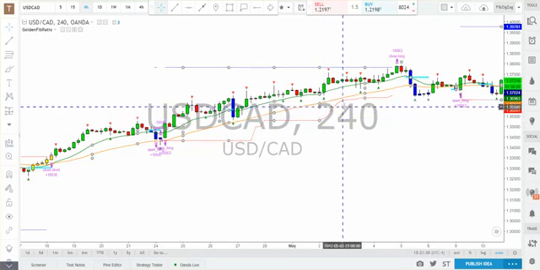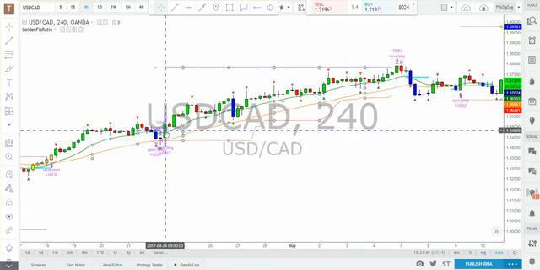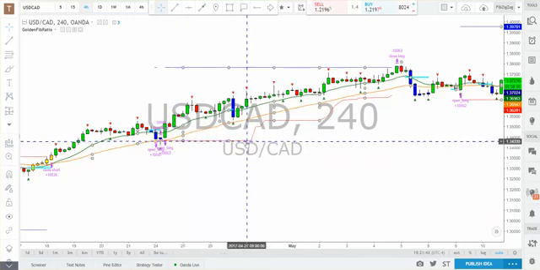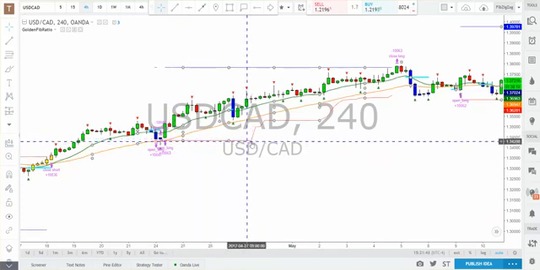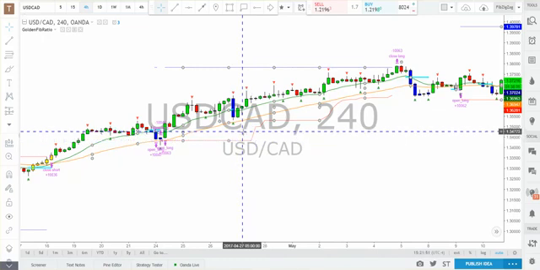See, it's ratcheting up. Okay, so the way this works is as follows. As soon as we enter a trade, this initial stop will be kept for 20 bars. After the 20th bar, the initial stop is overridden by the lowest low of the last 20 bars.